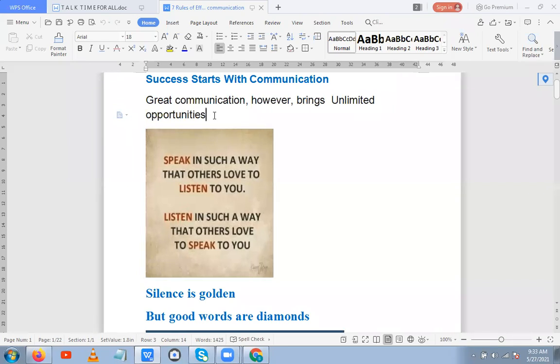So the quote says, speak in such a way, communicate in such a way, talk in such a way that others love to listen to you. And listen in such a way that others love to speak to you.